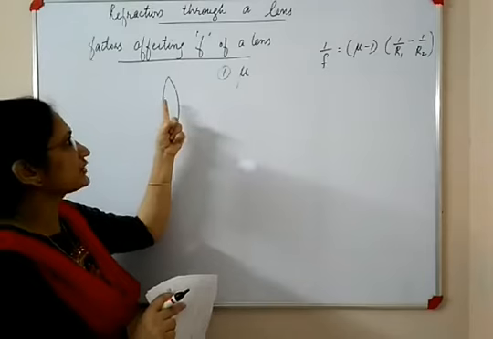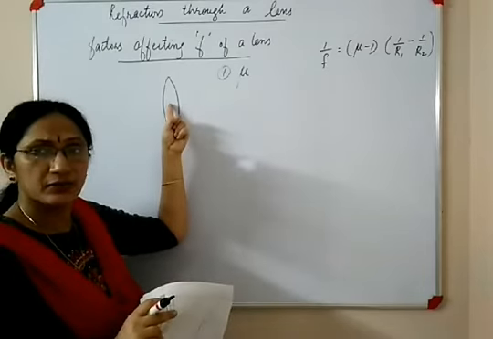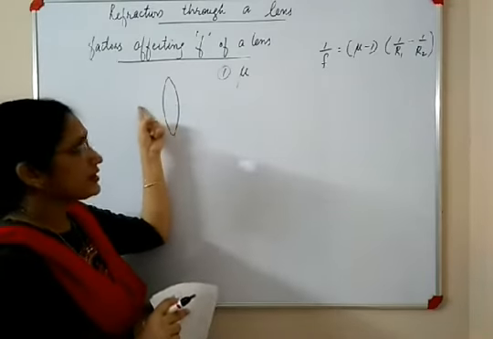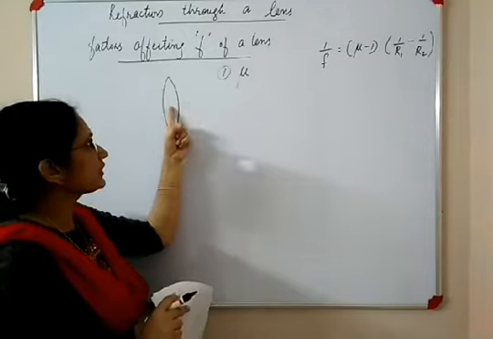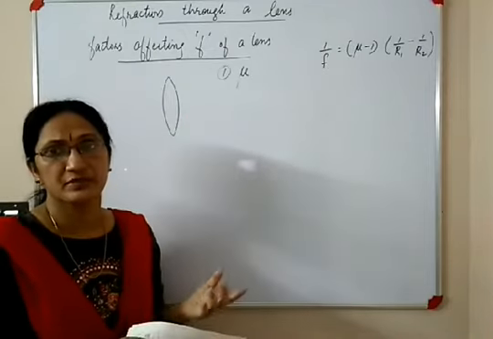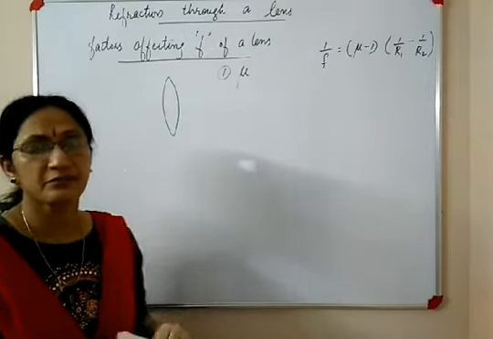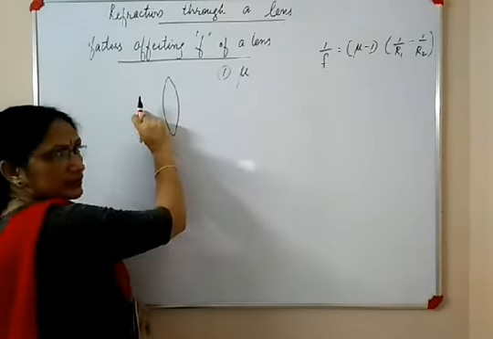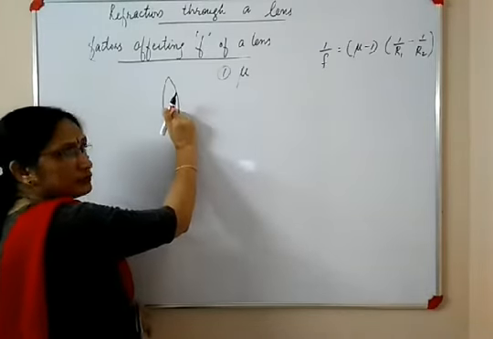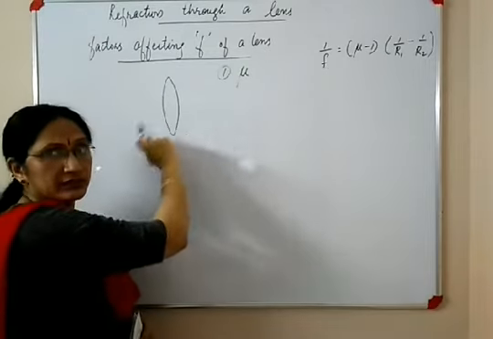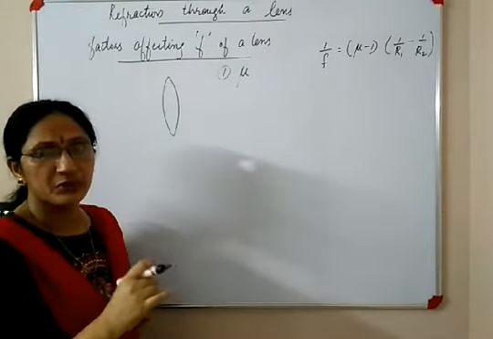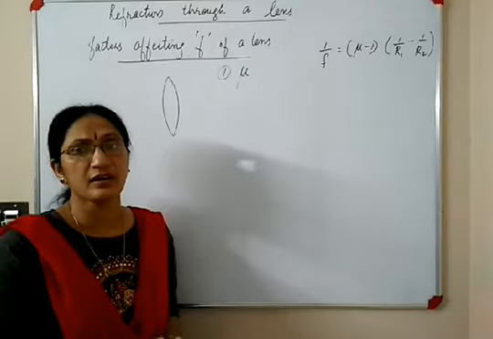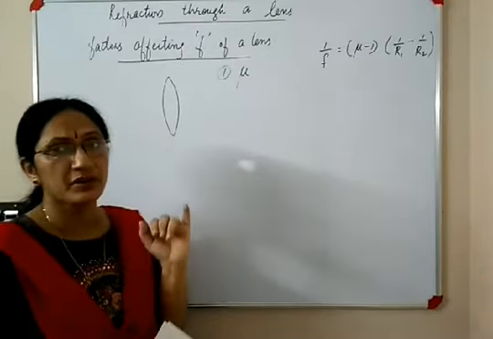The lens is made of glass, and the refractive index of glass with respect to air and the refractive index of glass with respect to water are not the same. The refractive index will be high when the lens is in air medium.